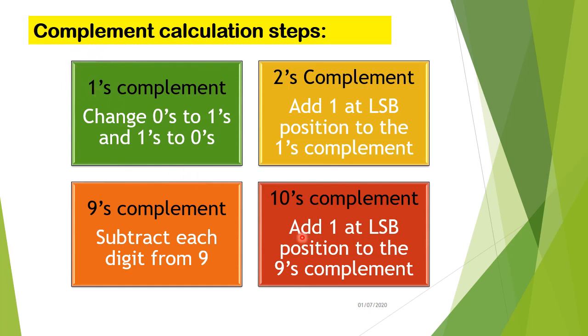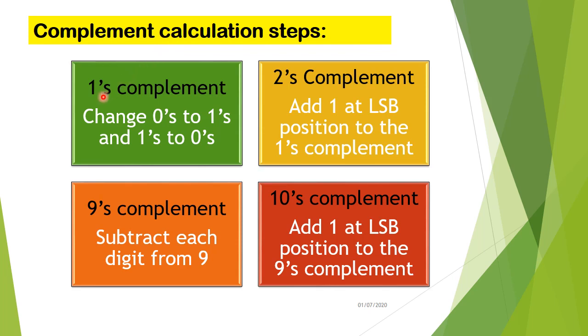Similarly, for the decimal number system, r's complement will be 10's complement and r minus 1's complement will be the 9's complement. Now, one by one we will see how to obtain these complements, that is 1's, 2's, 9's and 10's complement values.